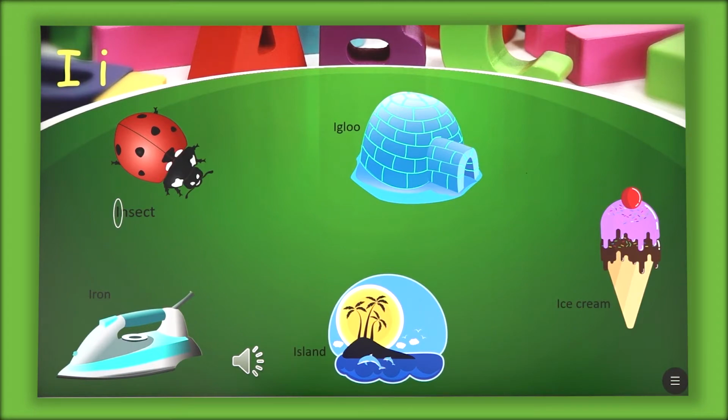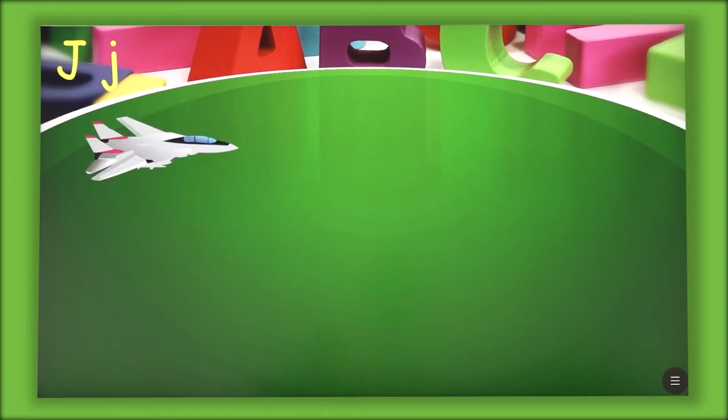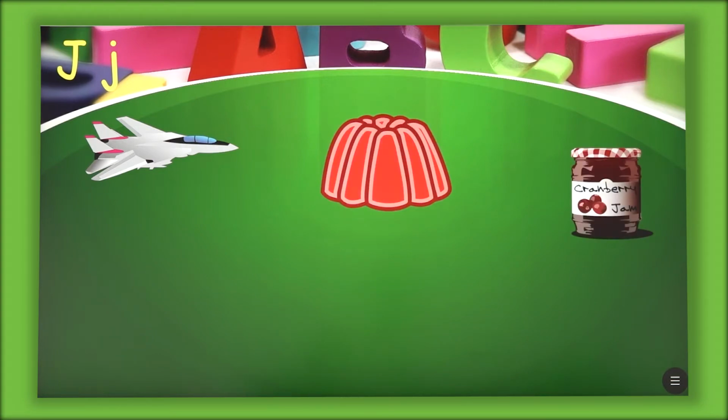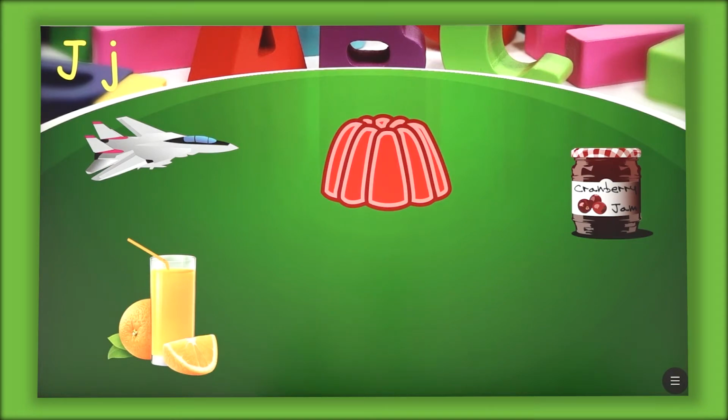Great. Now let's learn some words with the letter J. I guess you know some of these words. Jet, jelly, gem, juice, jellyfish. Now let's repeat them together.